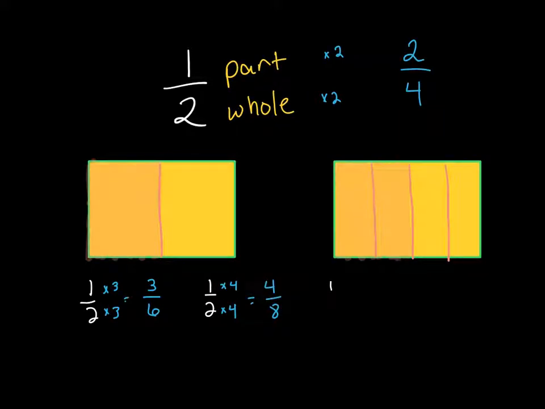We could multiply by 5, which would give you 5/10. You multiply by 6, and that gives you 6/12. And we could keep going with that all day long. There's no limit to the number of equivalent fractions you can make. All of those still mean a half.